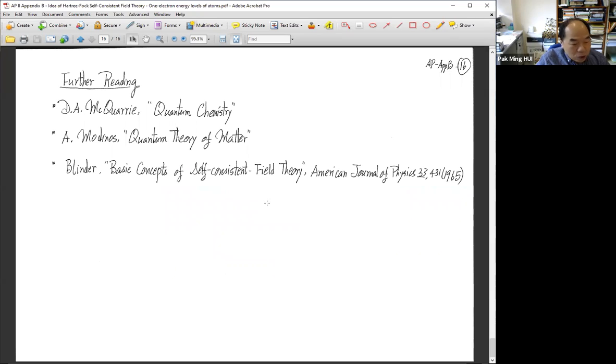And for those who want to read more, I give you a few very readable references for undergrads. So I will see if you have any questions.